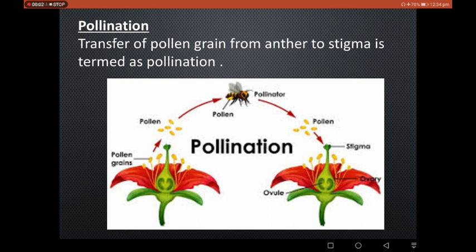There are two types of pollination, that means self pollination and cross pollination. In self pollination, pollen grains from the same plant reach the stigma. In cross pollination, pollen grains from one plant are transferred to another plant's stigma.